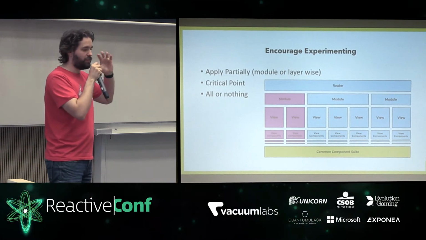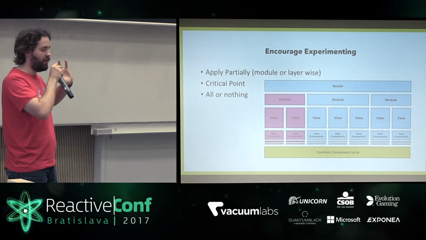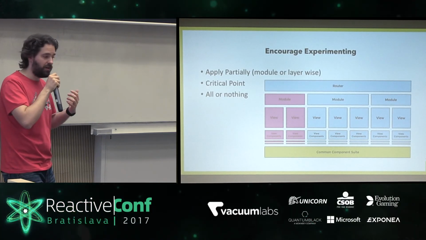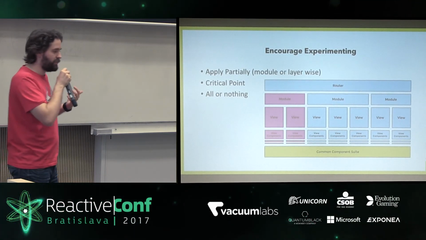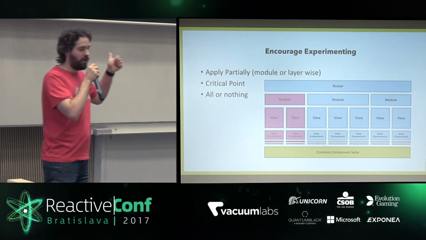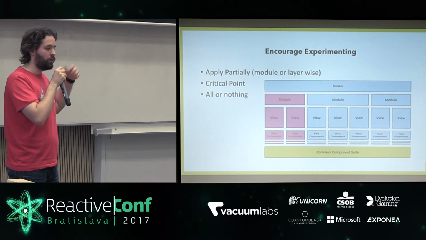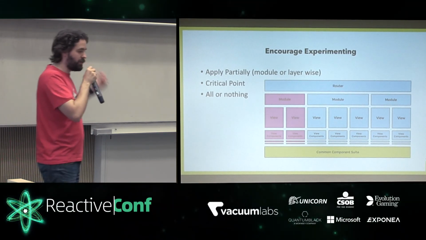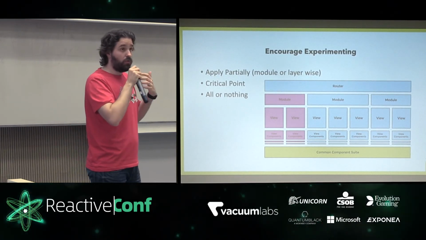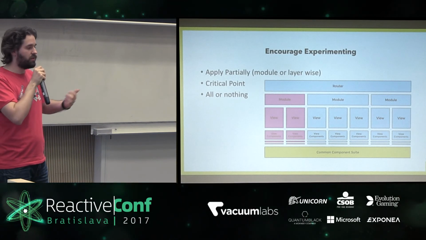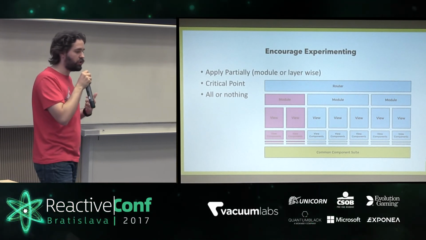Let's treat your modular monolith like a microservice, and in microservices it's encouraged to experiment, to rewrite a whole microservice to another programming language, to another framework, to another library. So we can do that in a modular monolith. We can still do that, even if it's a large application.